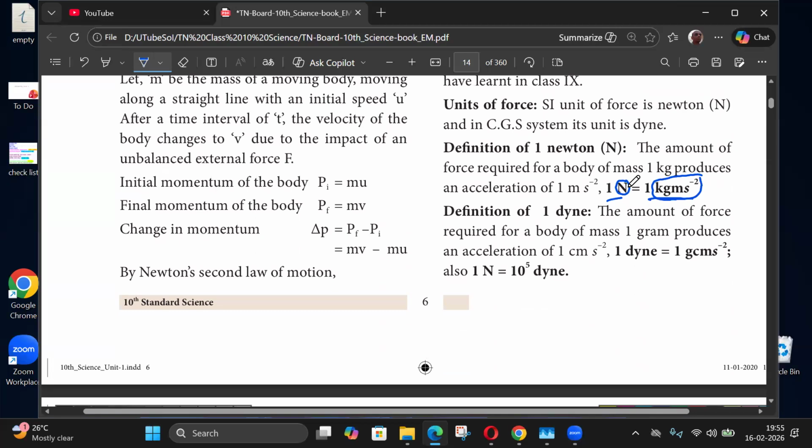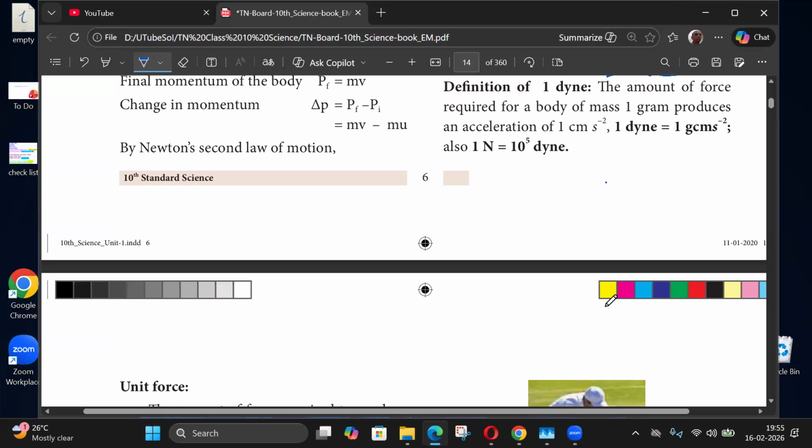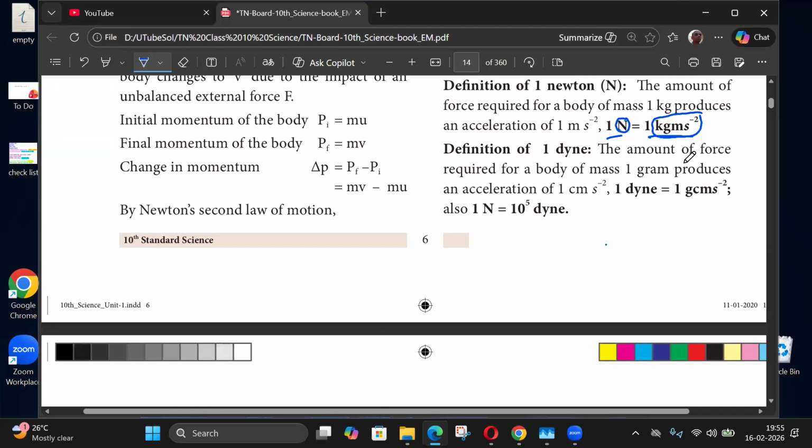The CGS unit is dyne. Mass will be in grams, length in centimeters, and time in seconds. If I convert 1 kg to grams, it will be more by a factor of 1,000. Meter to centimeter gives a factor of 100.